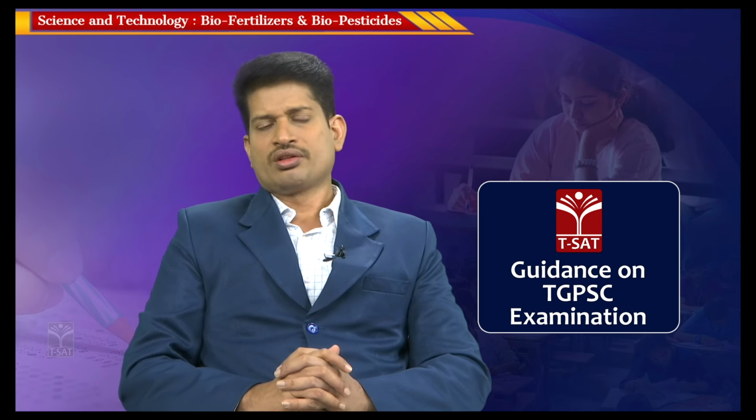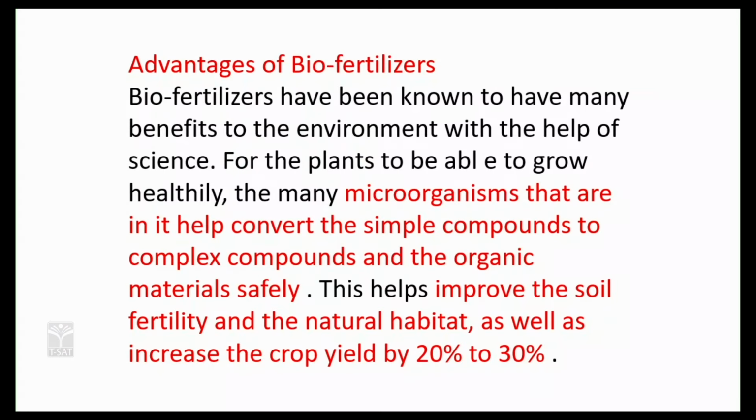There are certain disadvantages: they may not be able to control all the pests. That is one of the main disadvantages of biofertilizers, and the production of the crop will be reduced to an extent when compared with artificial chemical fertilizers and pesticides, but these are sustainable.